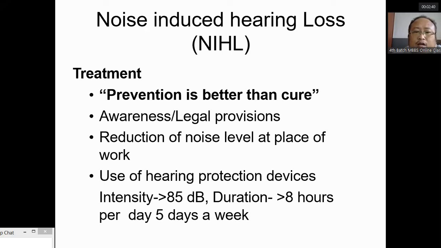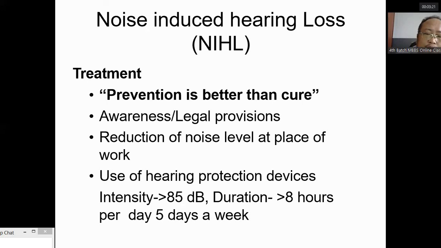According to the ILO, any person who works in a noise-producing area should not be posted for more than 8 hours per day and should be evaluated for hearing loss at least once a year, and anyone with a problem should be rehabilitated or transferred to another area to prevent further damage. So there should be awareness and legal provision.